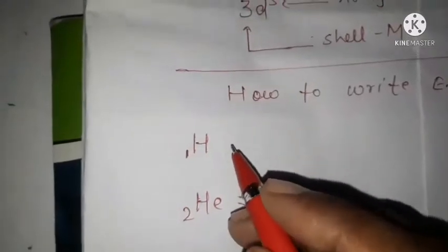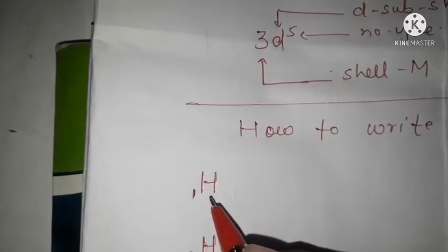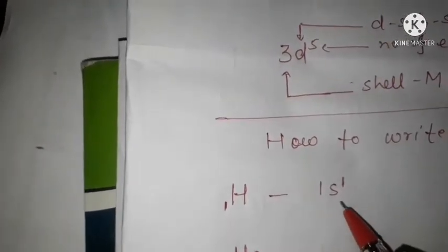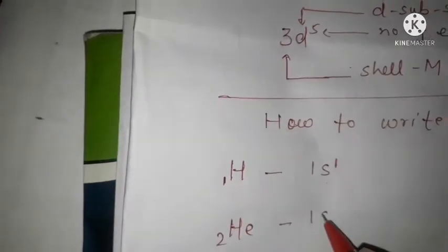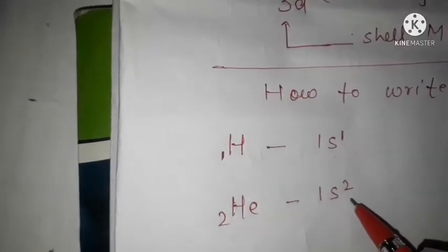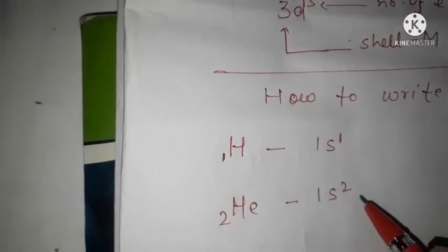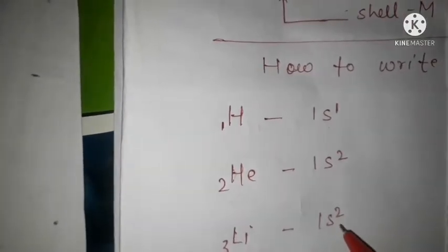How to write the electronic configuration of an element. First we take the example of hydrogen. We know that Z in hydrogen is 1, so we write 1s1, where 1 represents the K cell, S represents the subcell, and 1 represents the number of electrons. Like this, we use 1s2 for helium, since in the S subcell 2 electrons can exist. For lithium, 3, we write 1s2, which is now completely filled.